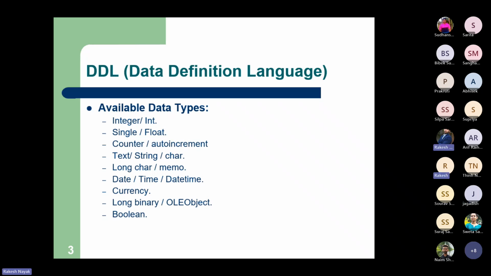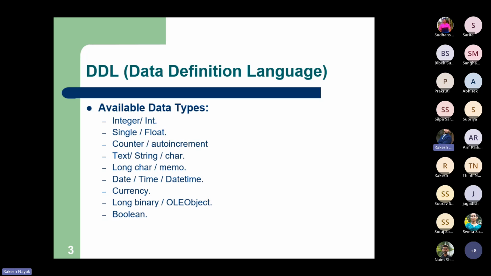Also we have text, string, and character. I will cover those once I create the table, but I will just give a heads up. Text is nothing but character-based, string-based. Also we have long character, like a catalog file which contains 4000 characters, and for those we have a different data type.